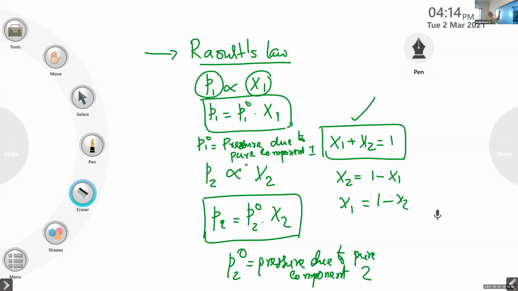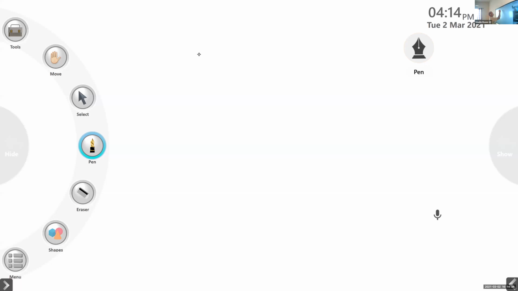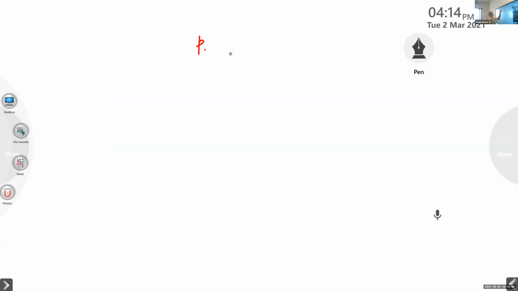Let me write Raoult's law like this. According to Raoult's law, P1 is equal to P10 into X1. Similarly, P2 is equal to P20 into X2, where P1 and P2 are the partial vapor pressures of components 1 and 2.